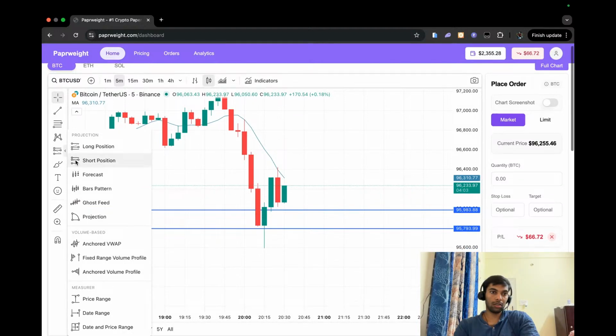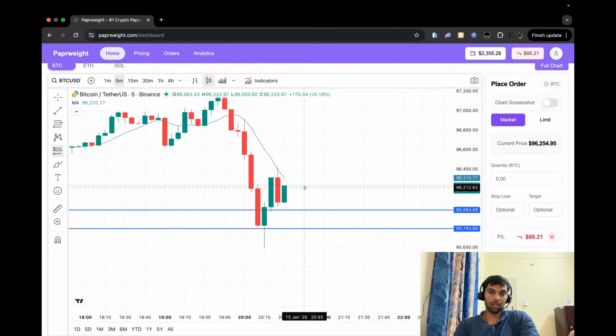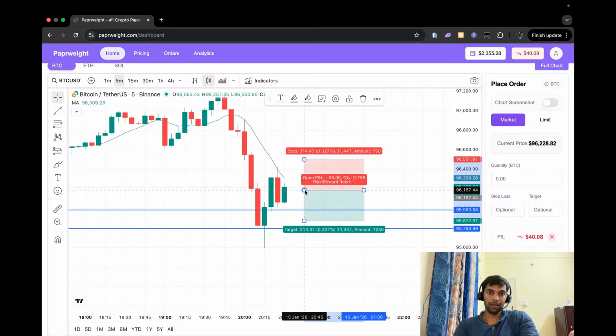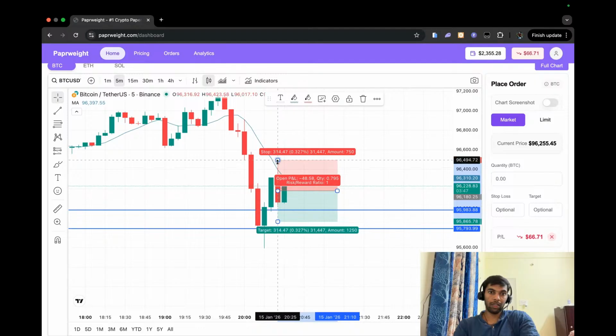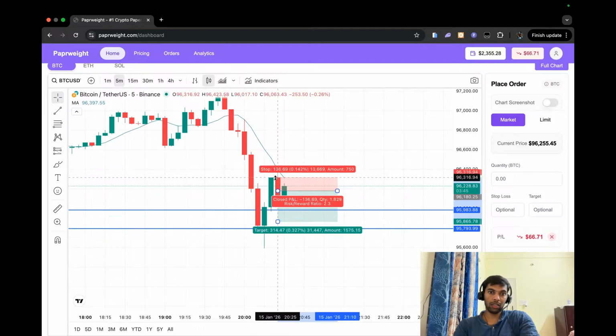Short at 96188 here. My risk is at this EMA, 130 points.